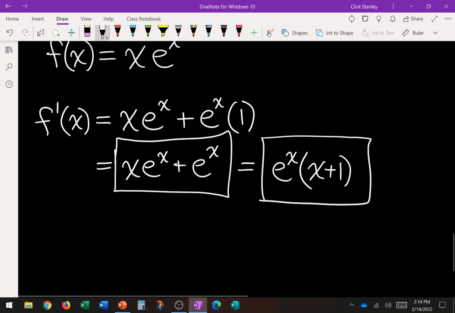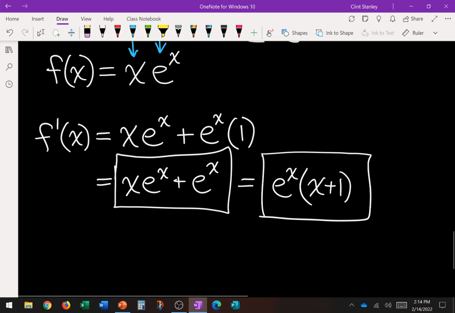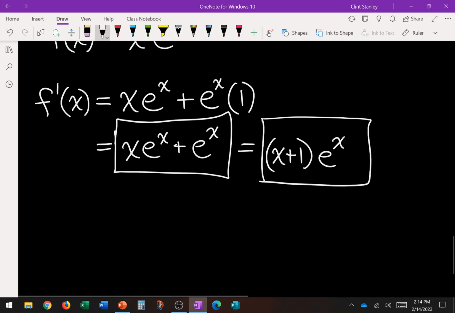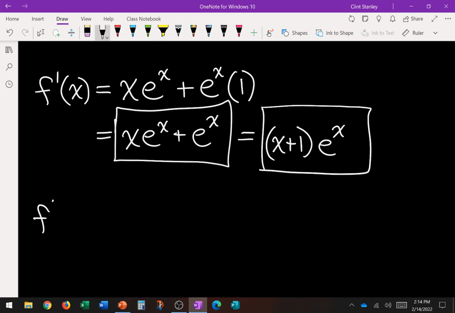Then we should probably actually switch the order of that. x plus 1 times e to the x. Now if we want to find the second derivative, we can just use the product rule again. So then we would copy down the first one, x plus 1.